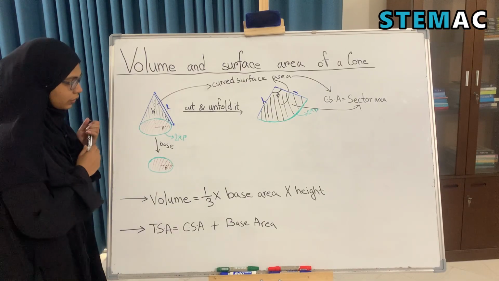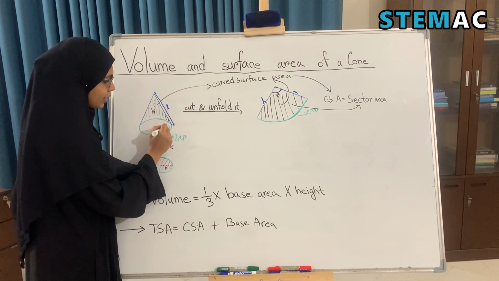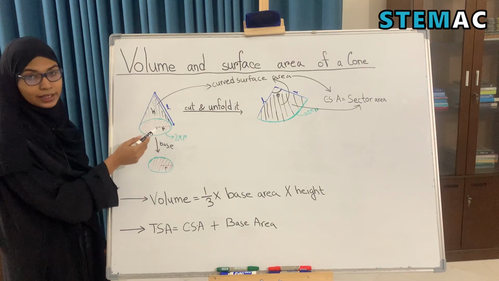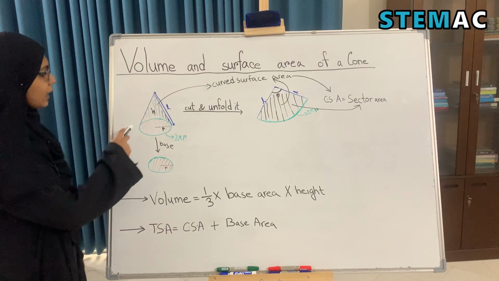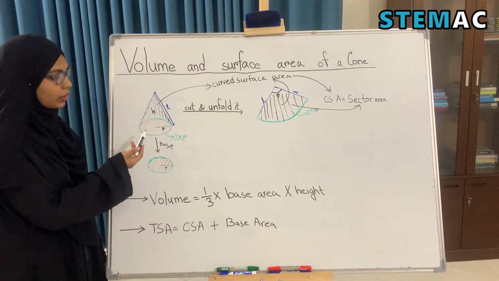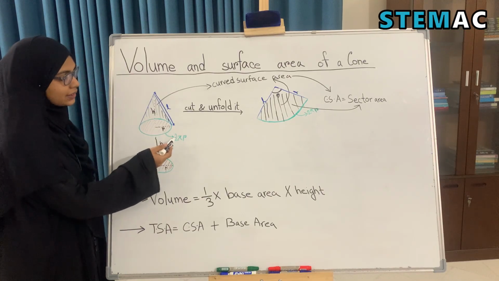So here the base has a radius of r, and I am denoting the radius by r. As the base is circular for a cone, the circumference of the base is 2 pi r.